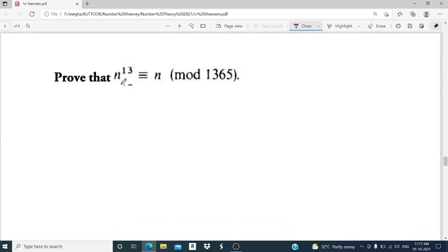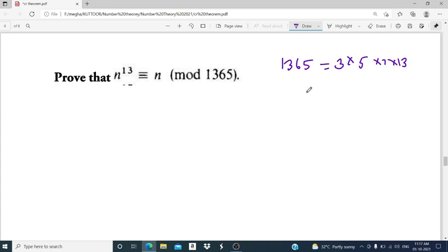Then move on to the next problem. Prove that n raised to 13 is congruent to n mod 1365. So first we factorize 1365. 1365 can be factorized and written in the form 3 into 5 into 7 into 13.